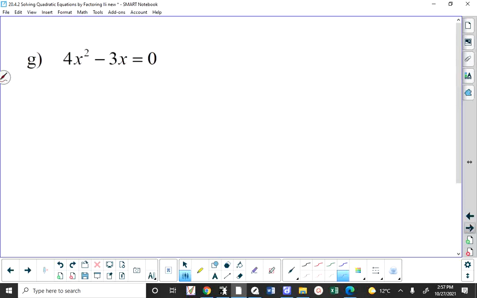G. Wait a minute. There's no constant term. This has a special solution as well. We're still going to factor this. How do you factor something like 4x squared minus 3x?